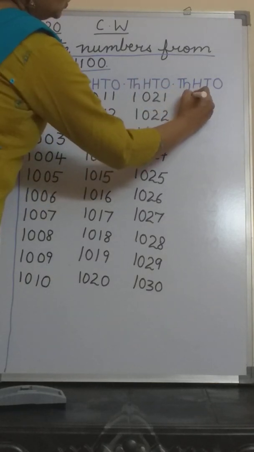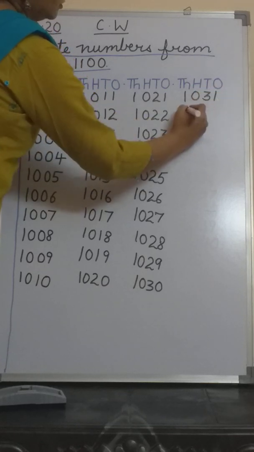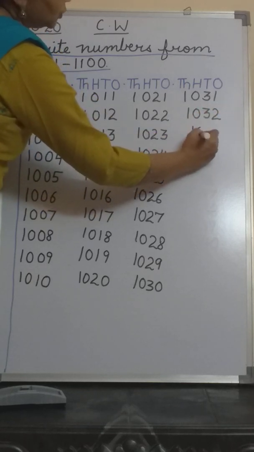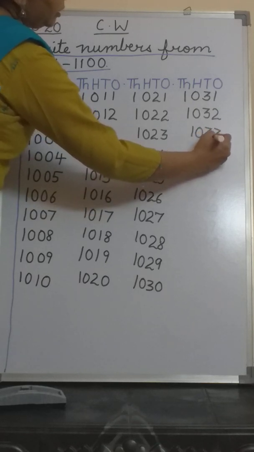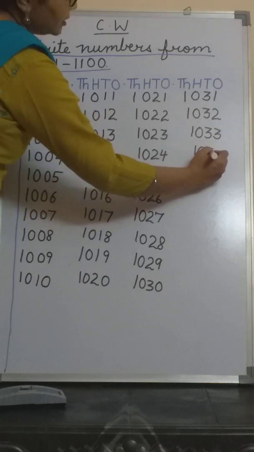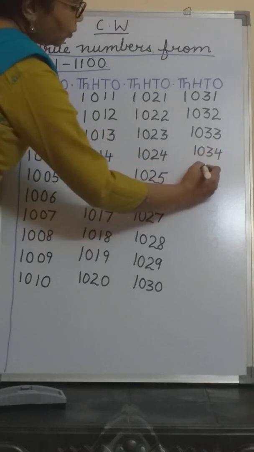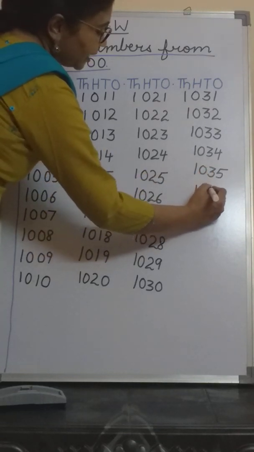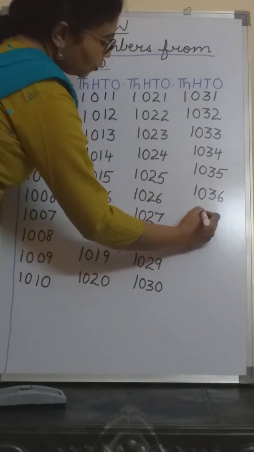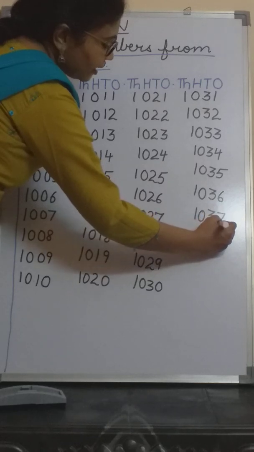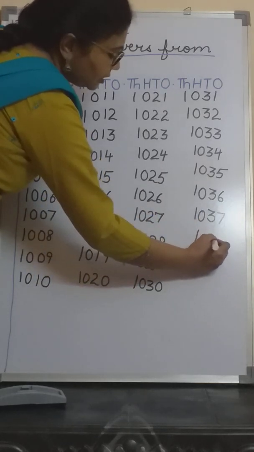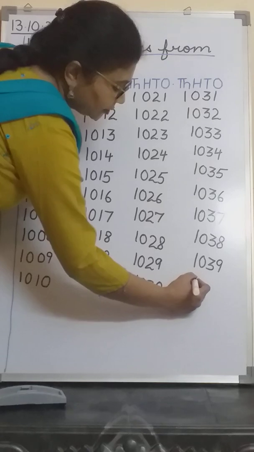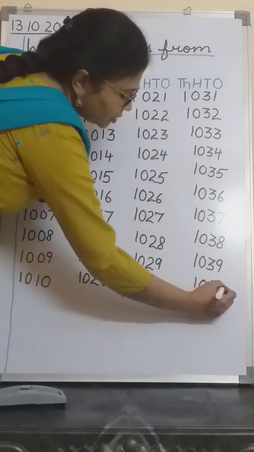Then 1031, 1032, 1033, 1034, 1035, 1036, 1037, 1038, 1039, 1040.